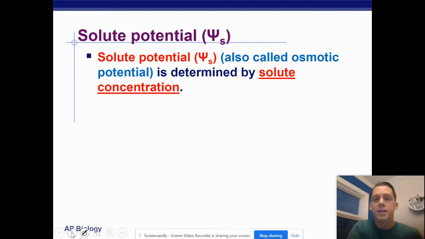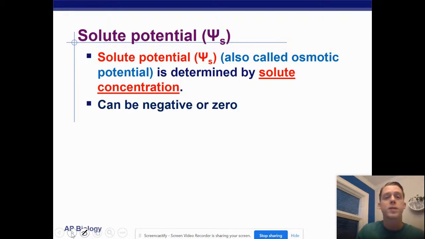Solute potential is different. Solute potential, also called osmotic potential, is determined by the concentration of solute in a solution. Solute potential can be negative, it can be zero if there is no solute, but it can never be positive.